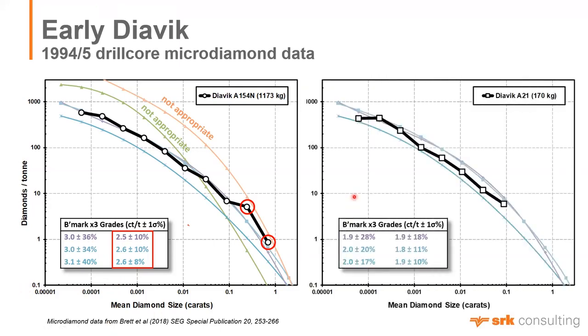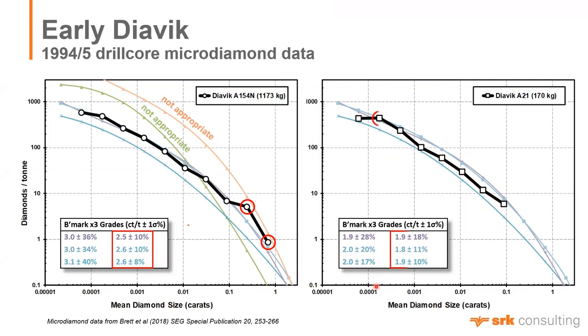In the same source, we also have data for Diavik A21, a 170 kilo sample. That's quite a smaller sample. This is the data set on the same graph. We've used the same benchmarks. And if you use them raw, you get these kind of grade forecasts with this type of error.